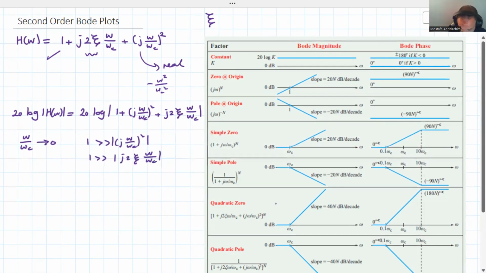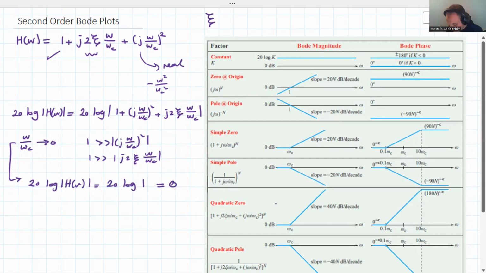So in that case, 20 log the magnitude of h of omega will be basically 20 log the magnitude of 1, which is 1, and log 1 is basically 0. So that's why when we have low frequency, omega less than omega c, we have 20 log h of omega equal to 0.